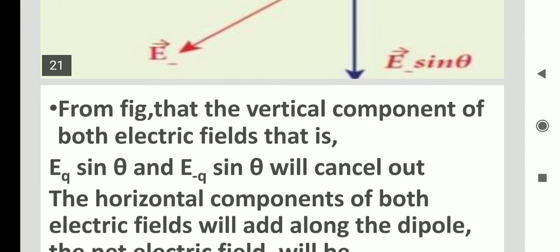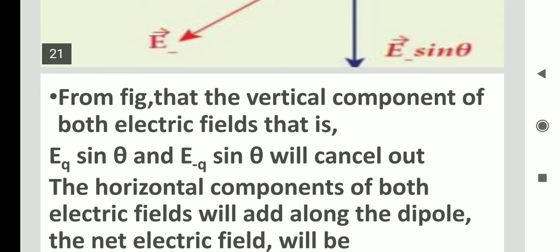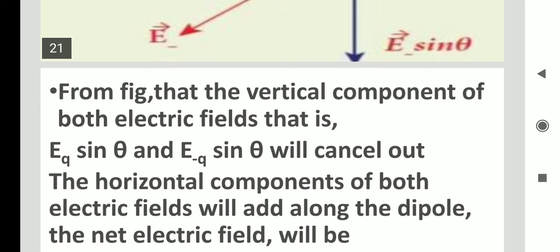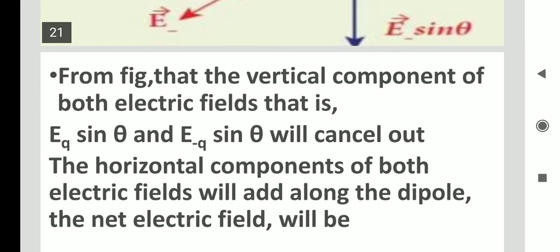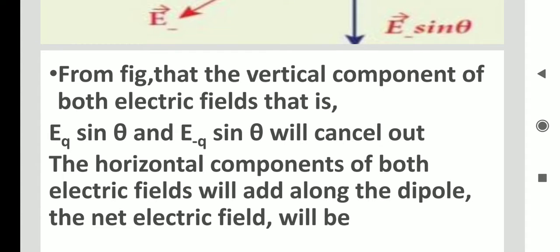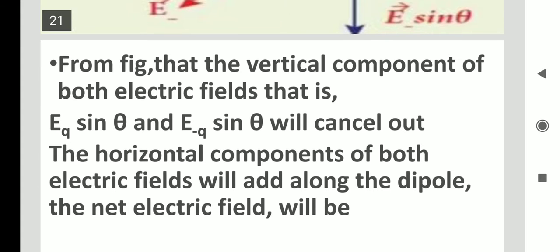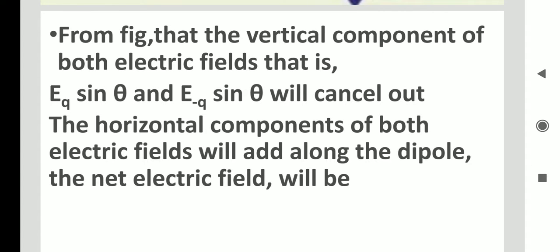Because both are moving away from the center and both act in the vertical direction, so the vertical components cancel out. So we need to neglect these vertical components and consider the horizontal components. The horizontal components of both the electric fields will be added along the dipole. So to calculate the dipole value, we need to consider the horizontal components.